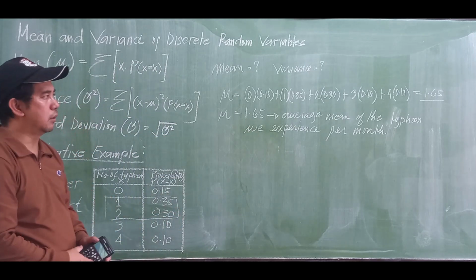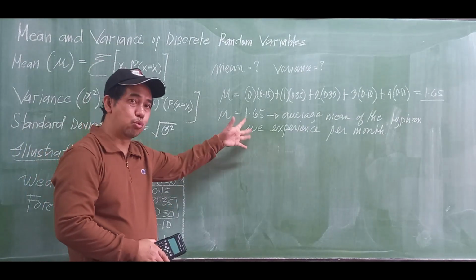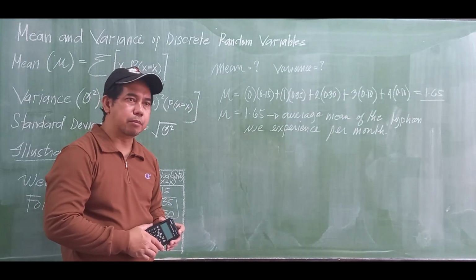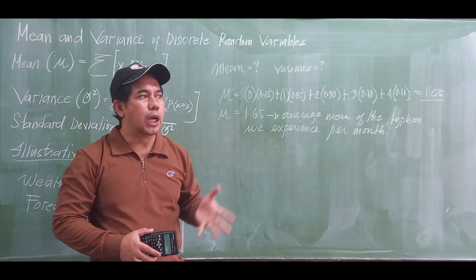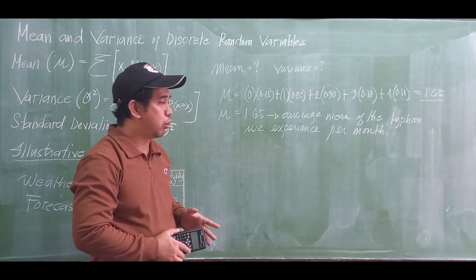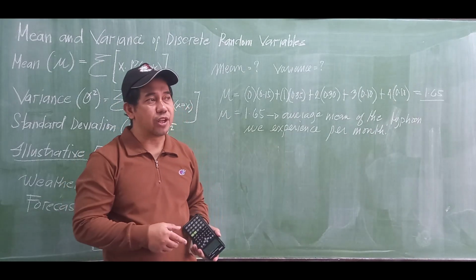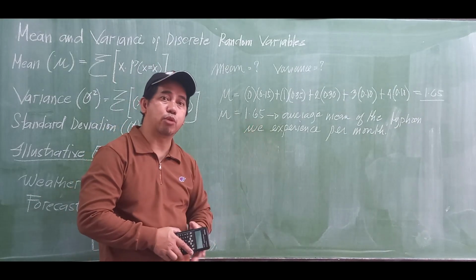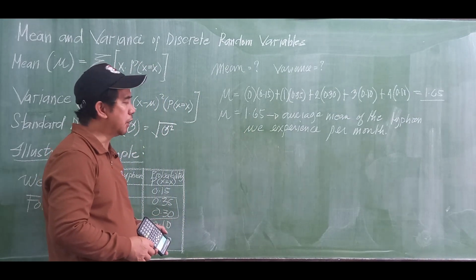It tells you that more or less we experience at least two typhoons in a month, because we do not actually count typhoons per proportion, or we do not count typhoons using fractions. So more or less, this 0.65 represents one typhoon. Okay, so that is the meaning.